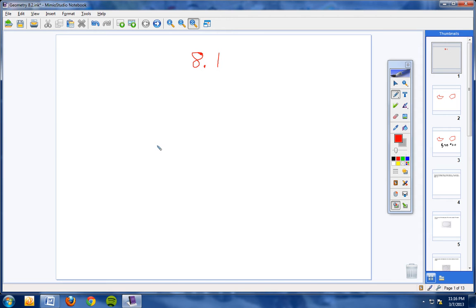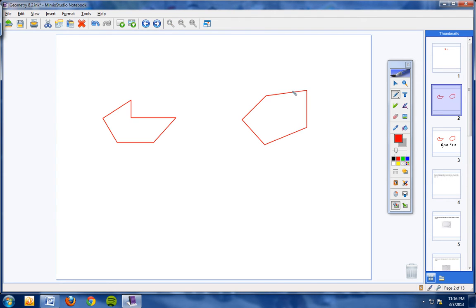Okay, here we go. Let's start off with 2 easy problems. I think everybody will do well on these. I will give you a half a bonus point if you get this one right, and a half a bonus point if you get this one right. Now, you do not need to copy these down unless you want to. That's up to you, but you don't need to. One of these is concave, and one of these is convex.